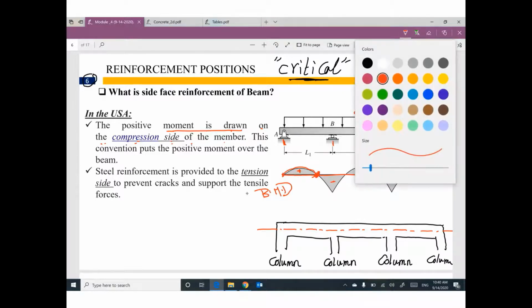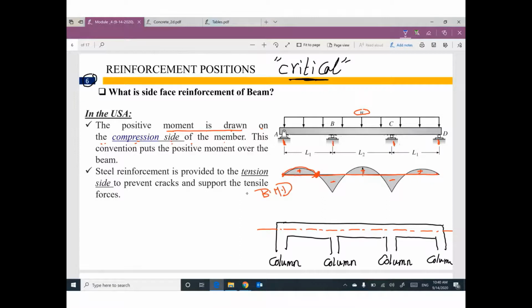Let me talk about this one from here to here. Your bending moment is drawn like this. Based on this information, the moment is drawn on the compression side. So from this part, your compression will be here. For this part, your compression will be down. For this part, your compression will be up.